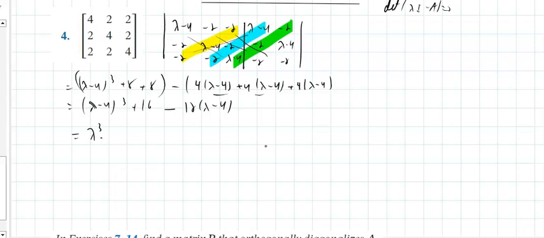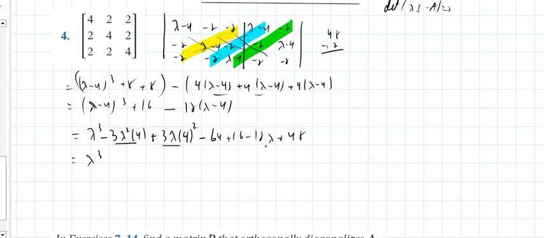This is lambda cubed minus 3 times lambda squared times 4 plus 3 times lambda times 4 squared minus 4 to the third, which is 64, plus 16 minus 12 lambda plus 48, and that is lambda cubed, negative 12, negative 12, and this is 16 plus 48. 3, 12, and 16 times 3.